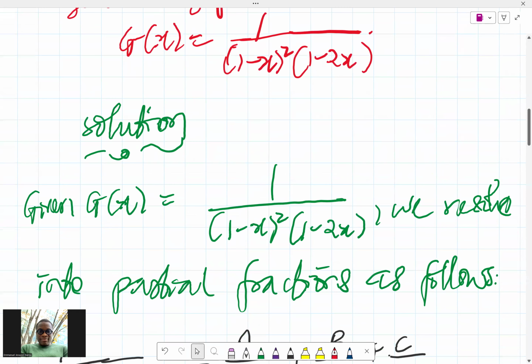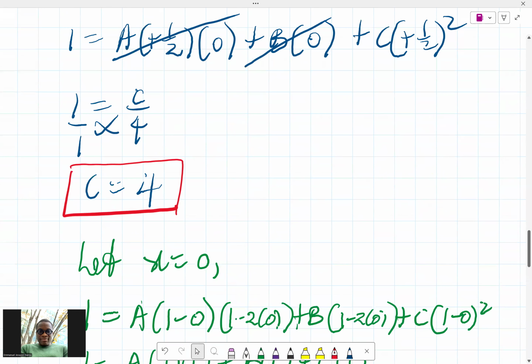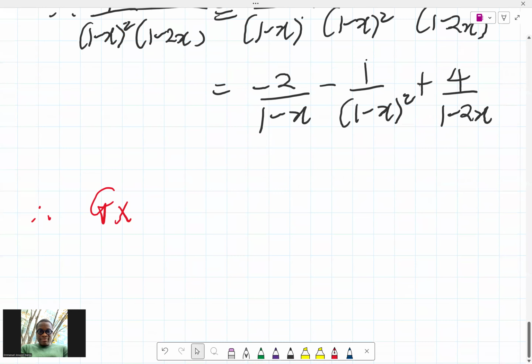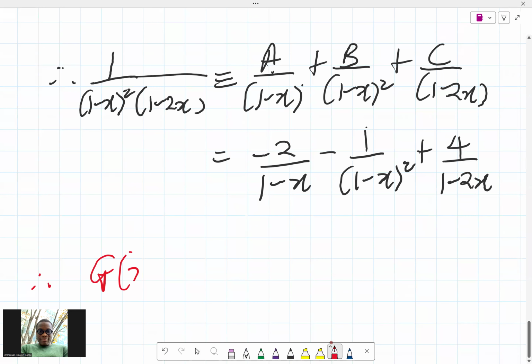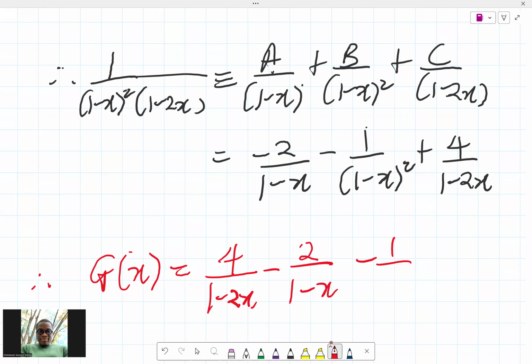G of x is equal to, so if you like, you can do 4 over 1 minus 2x, then minus 2 all over 1 minus x, minus 1 all over 1 minus x all squared.